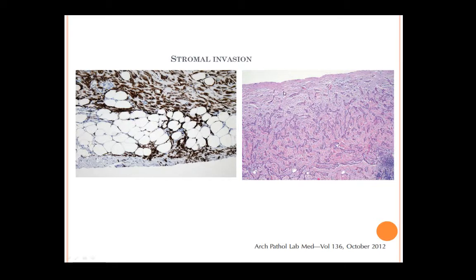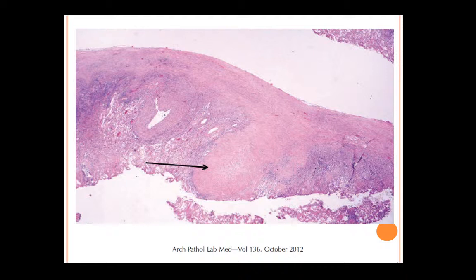Another form of stromal invasion is full thickness involvement of thickened pleura, with proliferation of the mesothelial cells through this thickness. Usually these kinds of proliferations are malignant, and this represents another form of invasion.